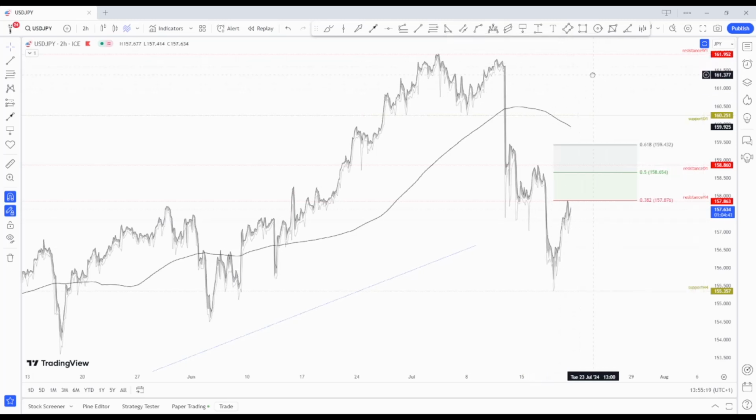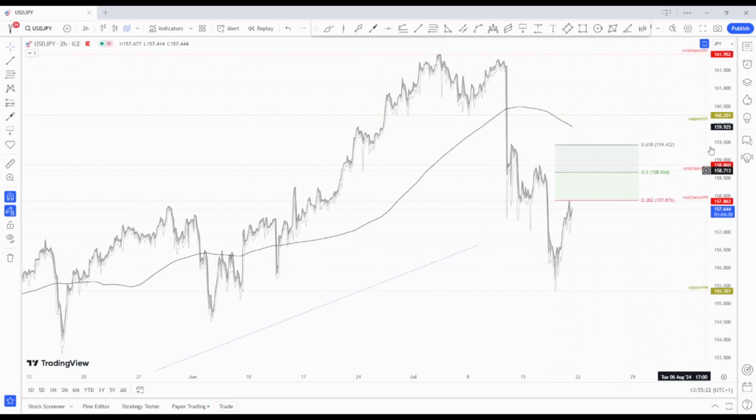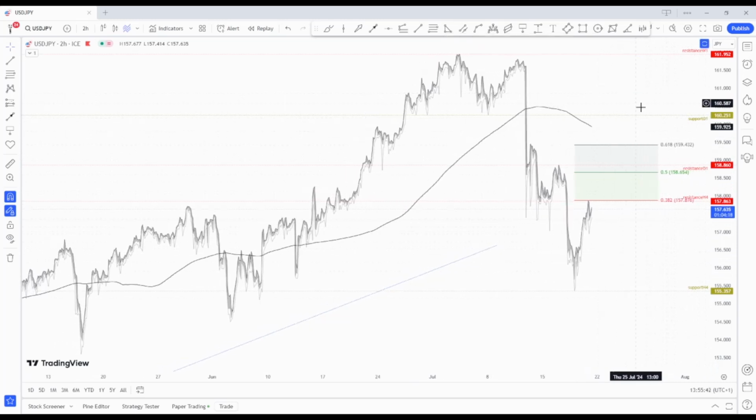So we have adjustments made. Weekly fractal above at 161.95, previous support level broken at 160.25. New daily fractal resistance at 158.86, and as we can see, we also have a lower degree of intraday resistance at 157.86 as a barrier for moves to the upside.